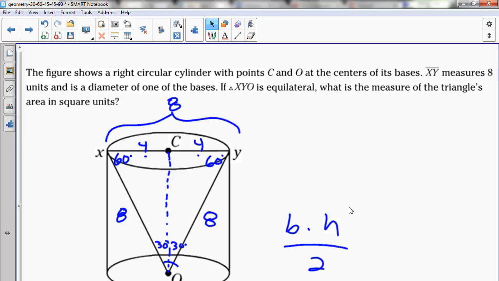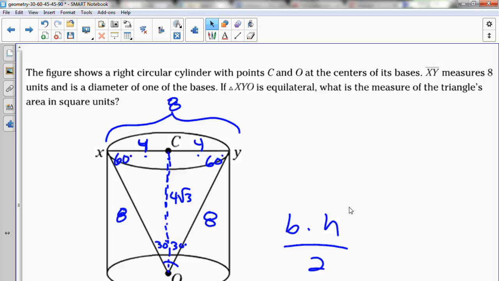Look at it. The long leg. The long leg is across from the 60. Now, the short leg is 4, isn't it? So what's going to be my long leg? 4 square root of 3. Now I'm ready to find my area.